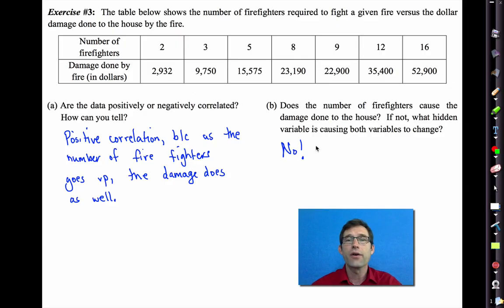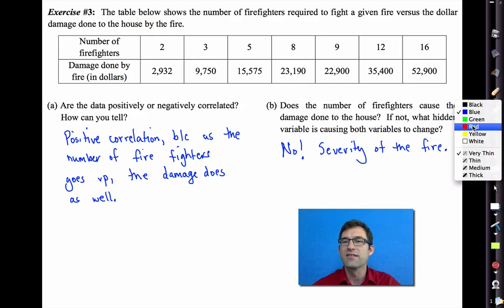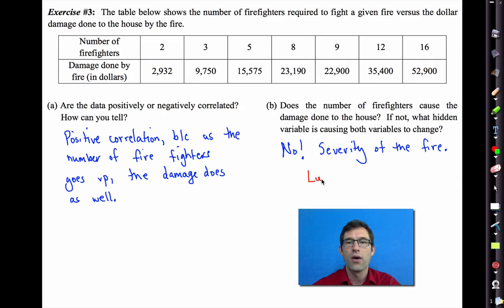The hidden variable that's causing both of these variables to change is the severity or size of the fire. If you said the size of the fire, that would be true as well. This thing's got a great name in statistics. This isn't something that you need to know, but it's what's called a lurking variable. That is one of my favorite math terms ever.